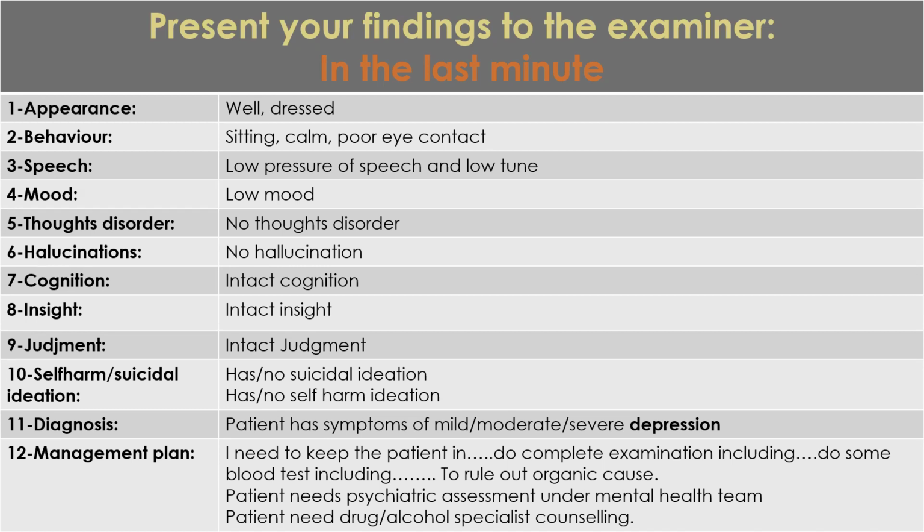Okay. You did well in the management plan. Okay, well done. Then you should continue the management plan. You said the patient needs a psychiatric assessment under the mental health team. Good. Then you can say if the patient refused, what you will do? Capacity assessment. Excellent. Did you mention that?